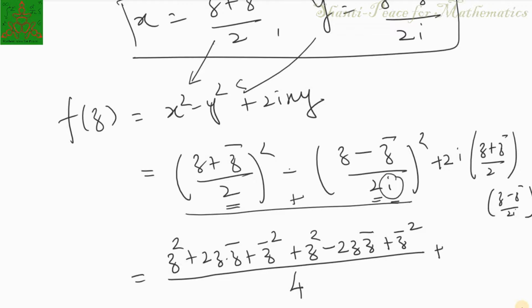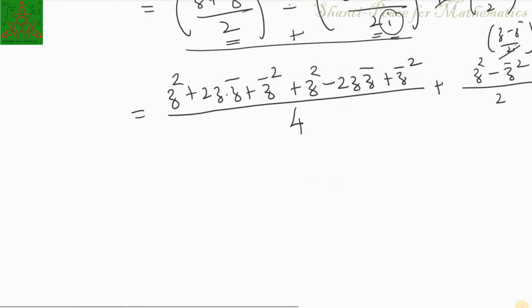Here the 2i is cancelled out with this 2i, and in the denominator you will have 2 only, and this is of the form (a plus b)(a minus b), so it will be a square minus b square, so that will be z square minus z bar square. Now this 2z z bar will cancel out.